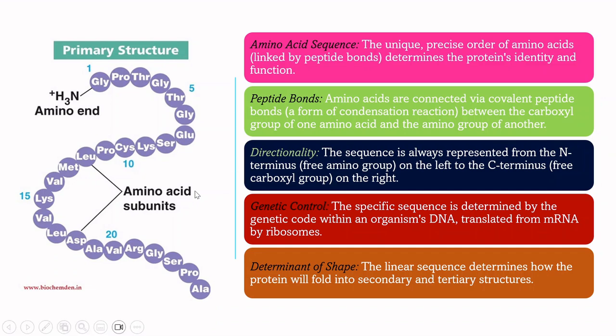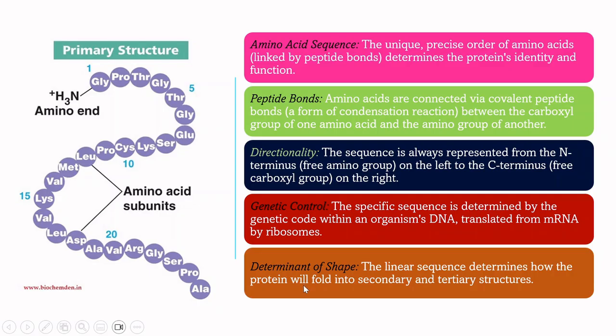And the specific sequence, like if you have glycine, proline, threonine, again glycine, this type of specific sequence is determined by the DNA of the organism.